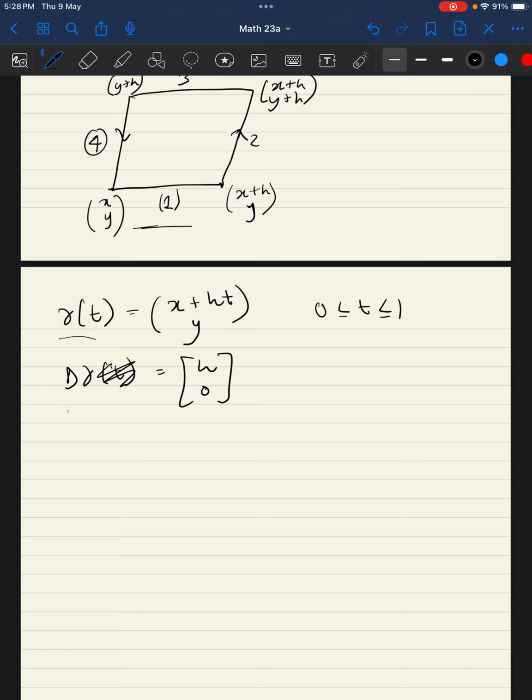So dx acting on d gamma gives us h, and dy acting on d gamma is going to be 0, because that's the only thing that's changing.